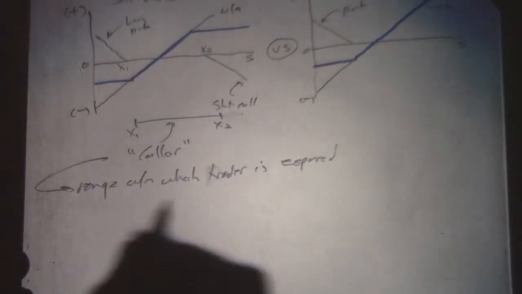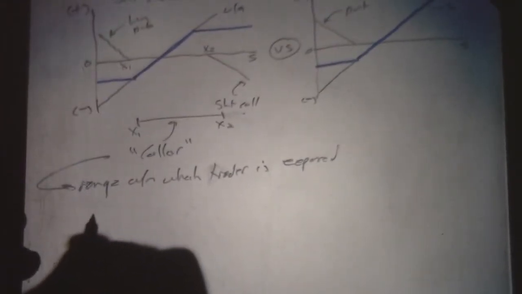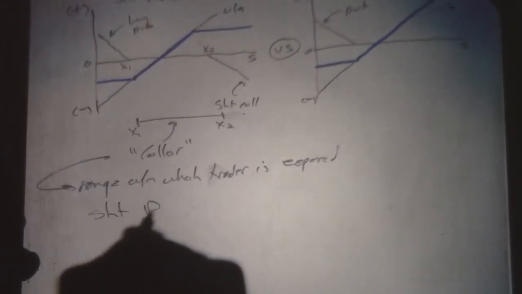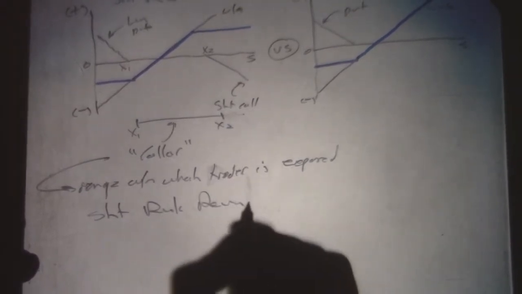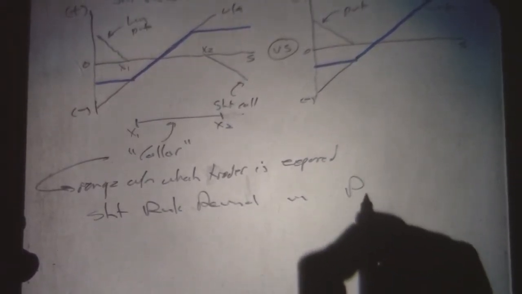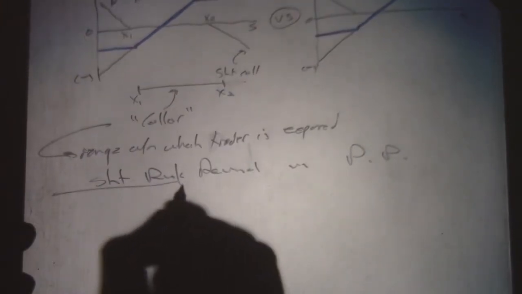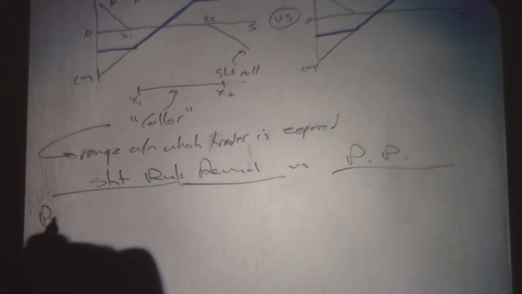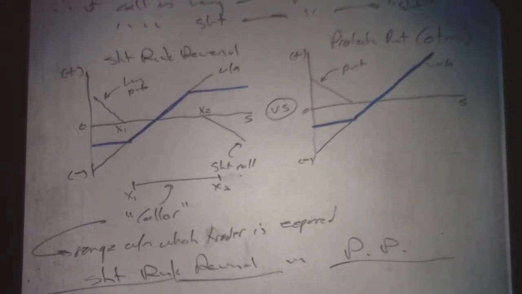Okay, here we go. I had a little disconnect here, so let me just write it again here. Short risk reversal versus PP, protective put. What's the pro? And there it is. Bam, bam. You don't have to memorize a thing.